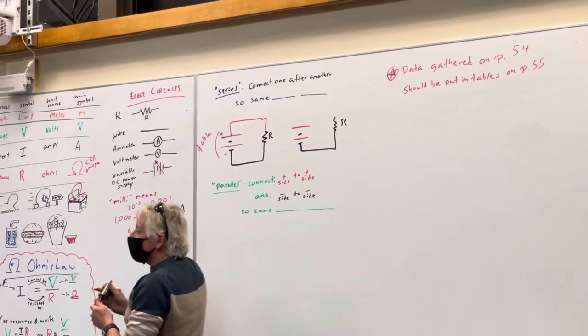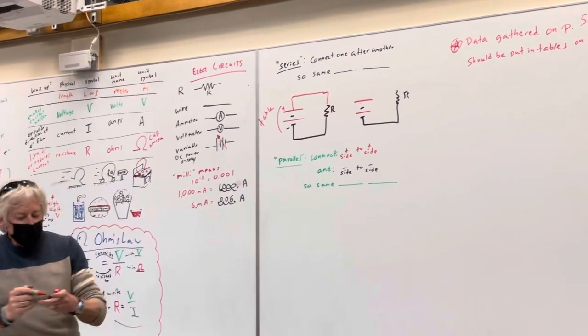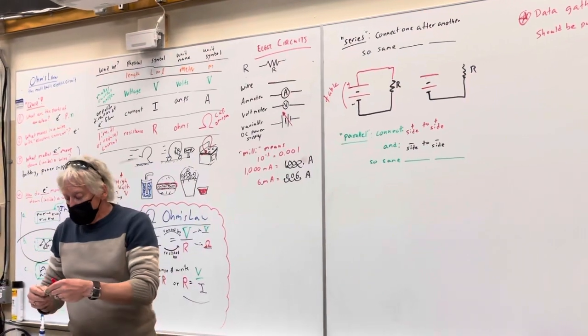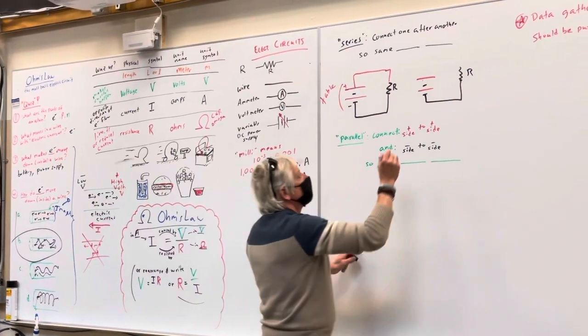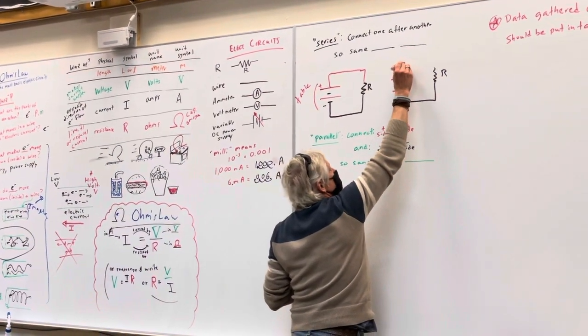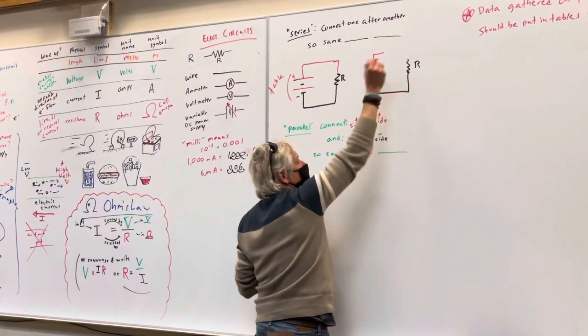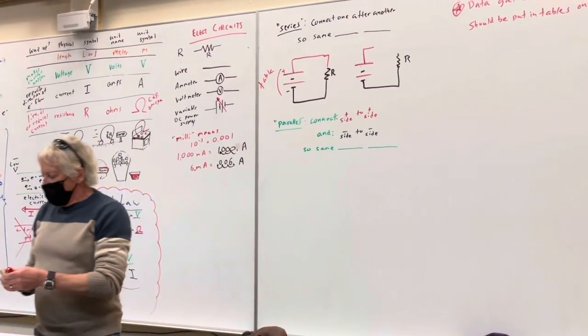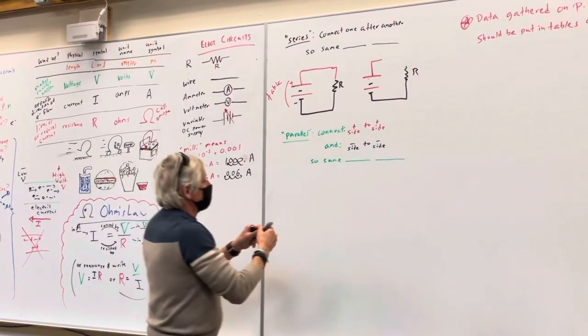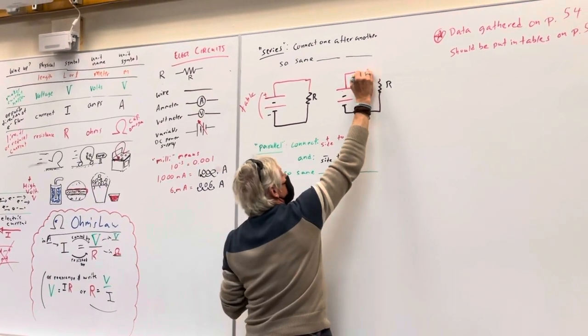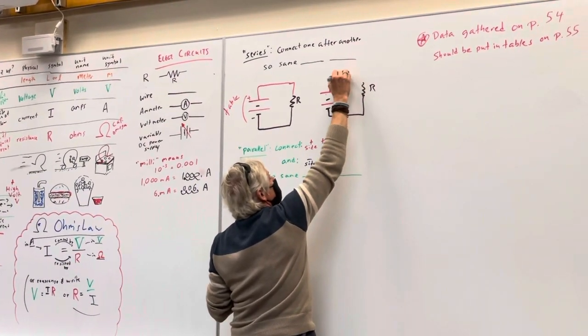You want to know how much current's going through there? We'll stick the ammeter in series. It doesn't matter where you put it, here or here, but let's put it here. And I'm going to put my little ammeter right there.